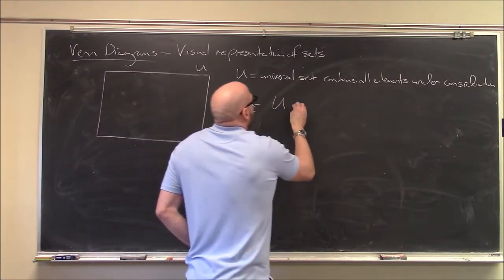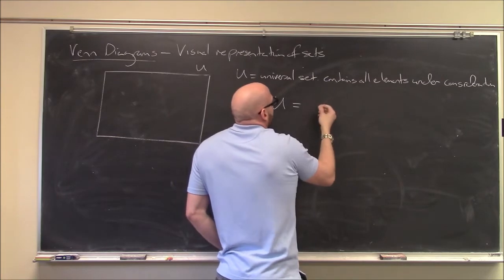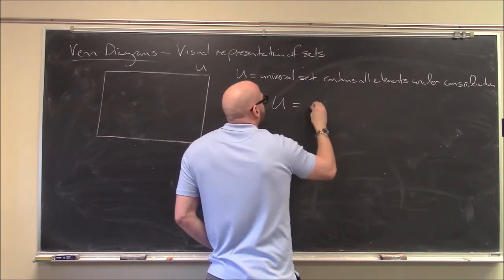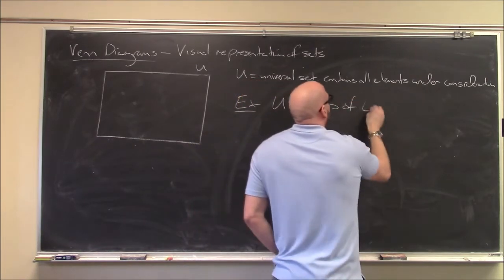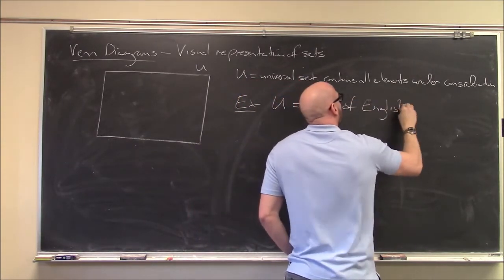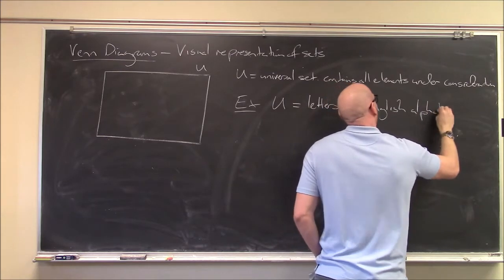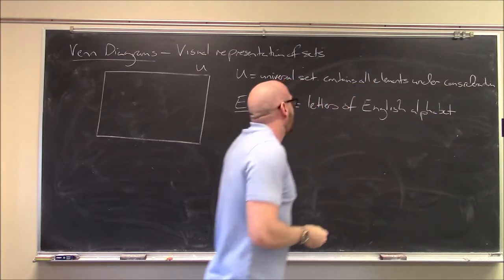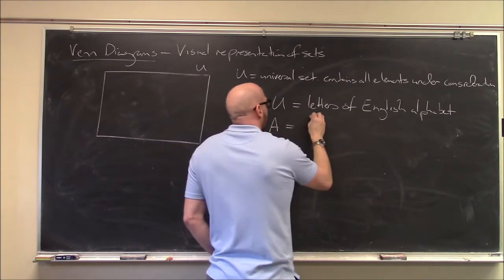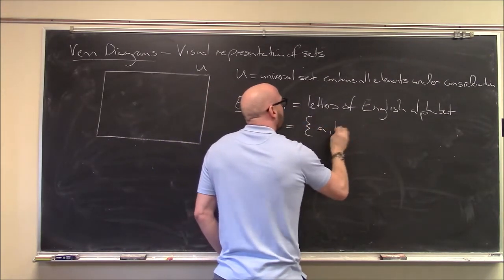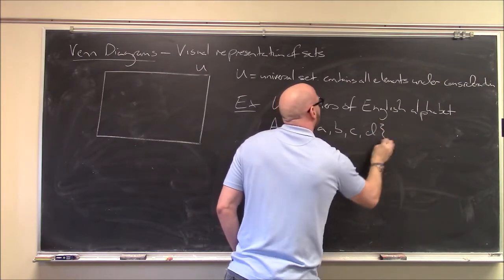Let's say I want to let U be all the letters of the English alphabet. And let's come up with some subsets here. So A. How about we let A be the set consisting of A, B, C, and D.